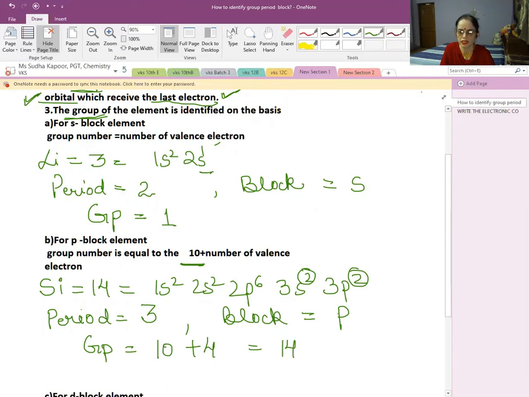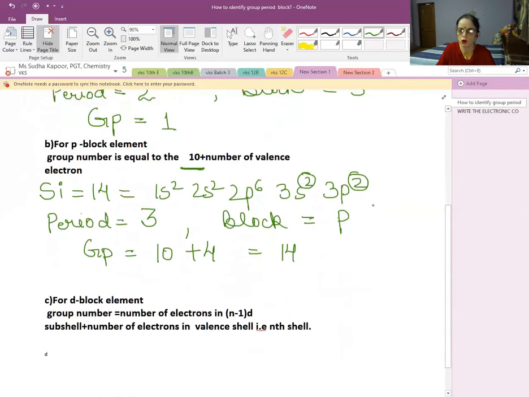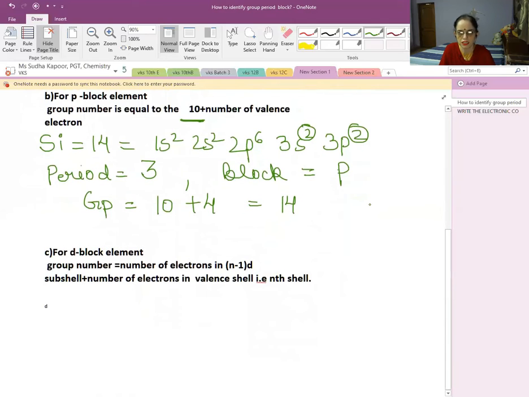So it is easy to identify: period is the principal quantum number, block is the orbital in which the last electron is going, and in the case of the p block, the group is given as 10 plus the number of electrons in the valence shell. Now, when we come to the d block elements, the period is directly identified by the principal quantum number.